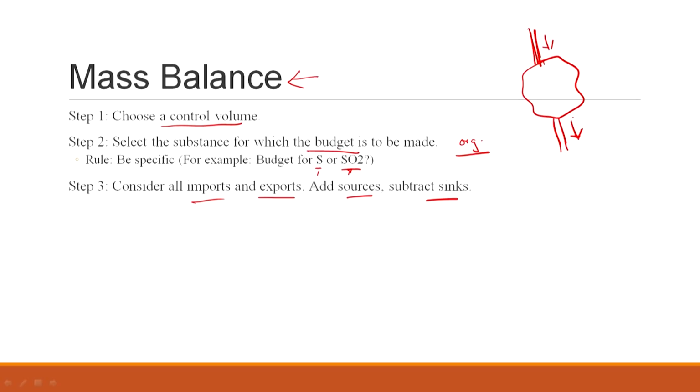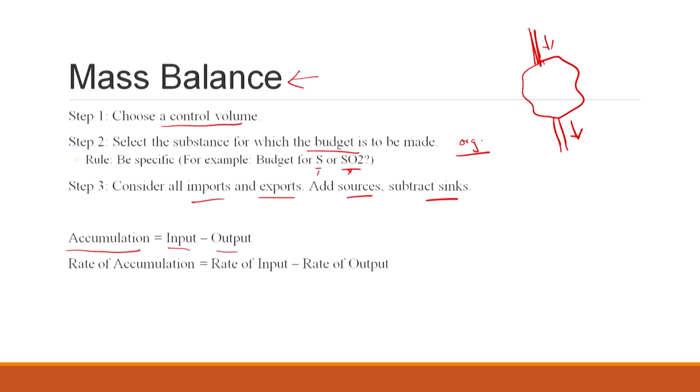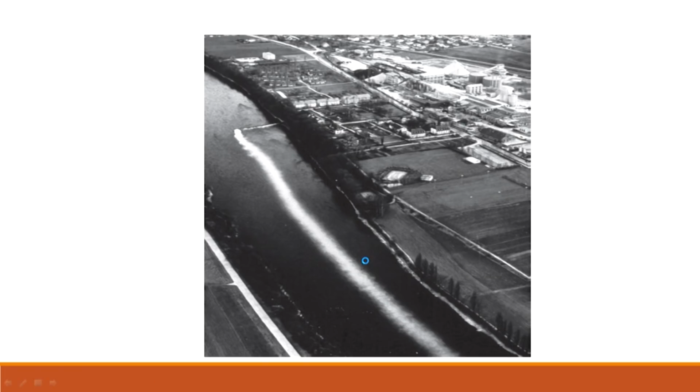And also if there are any reactions occurring, we need to also take that into account. So, accumulation is equal to input minus output, right, and rate of accumulation will be equal to rate of input minus rate of output, right. So, that is something to keep in mind.